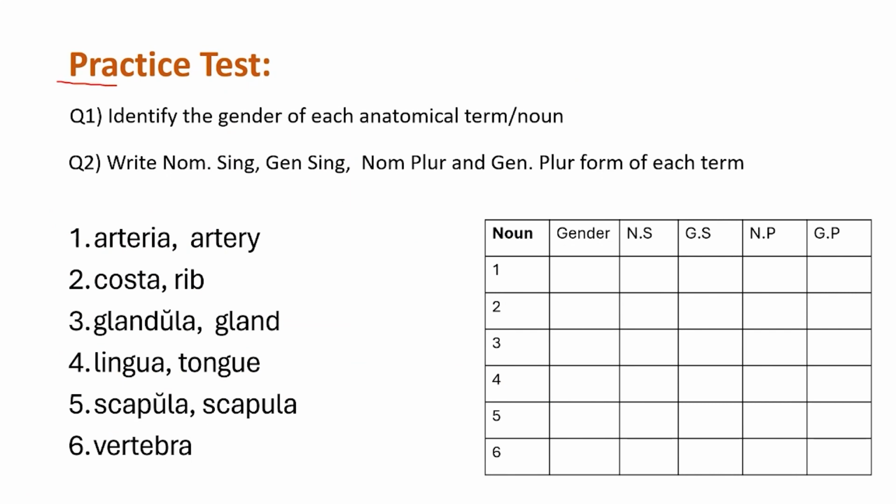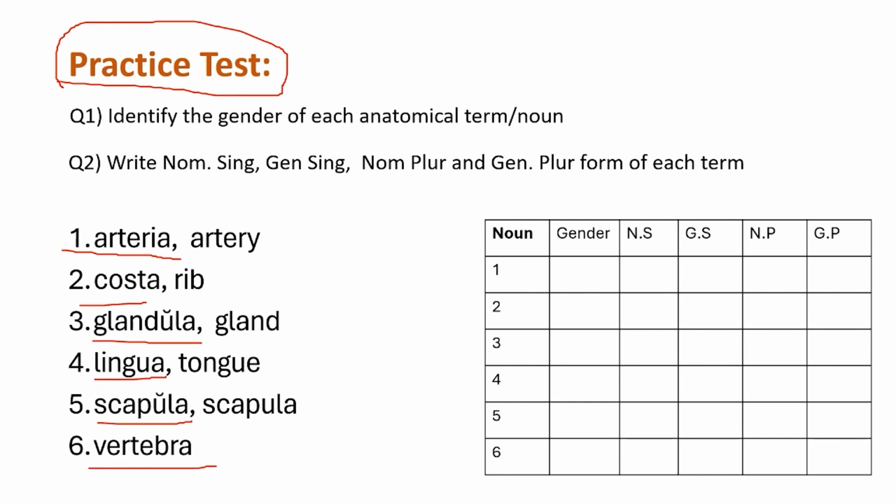So we have come to the last part of our video, and here I have produced a test for you. I would strongly recommend that you take this test, just to consolidate what you have learned so far. In this question, you have to identify the gender of each anatomical term or noun that I have given here, such as arteria, costa, glandula, lingua, scapula, vertebra.